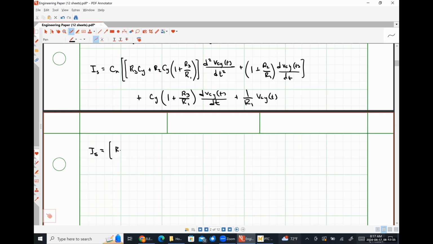So I'm going to have R3 CX CY plus R2 CX CY 1 plus R3 over R1 times my second derivative.